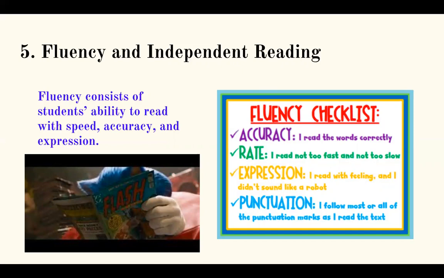Fluency consists of students' ability to read with speed, as well as accuracy and expression. So it's not just enough for them to read fast. They also want to convey some of the emotions that are intended as they read text. For instance, if they're reading a story where the character is very angry or very upset, we want them to be able to recognize that and to share that as they read.